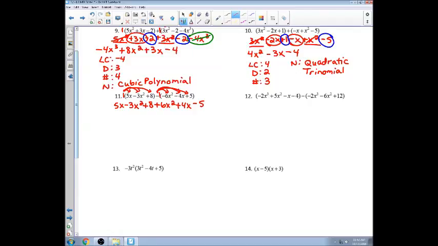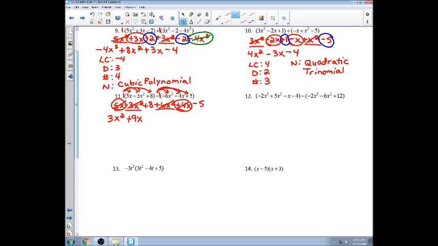So again, we're going to do the exact same process as far as combining like terms. I'm looking for our largest degree. Our largest degree is 2. It's the x squareds. I have negative 3x squared and positive 6x squared. So negative 3x squared plus 6x squared would get me 3x squared. I have 5x and 4x, so that would get me positive 9x.